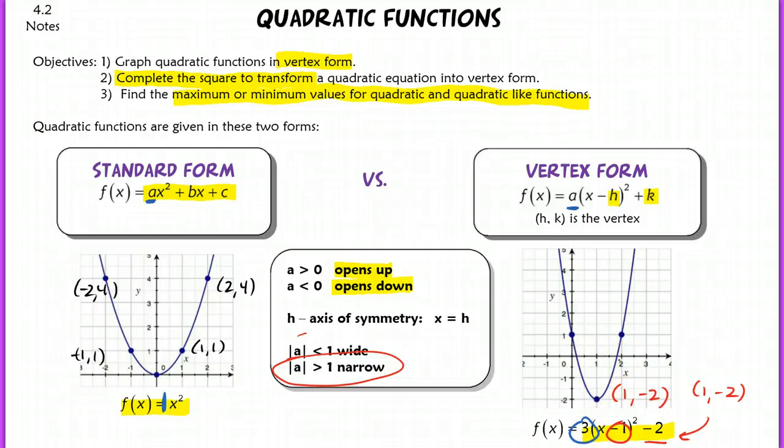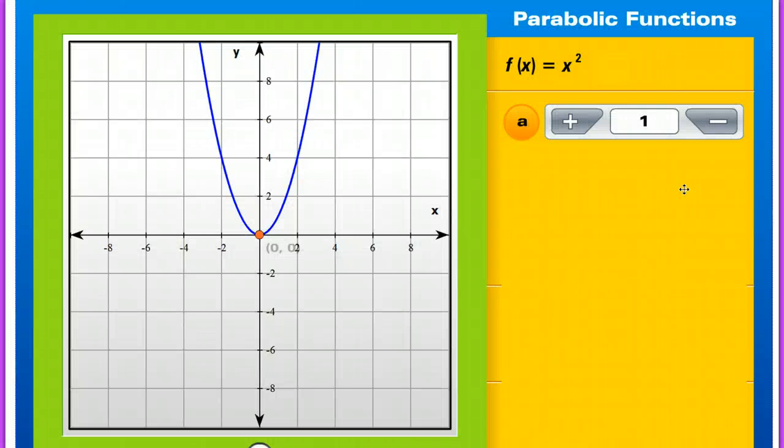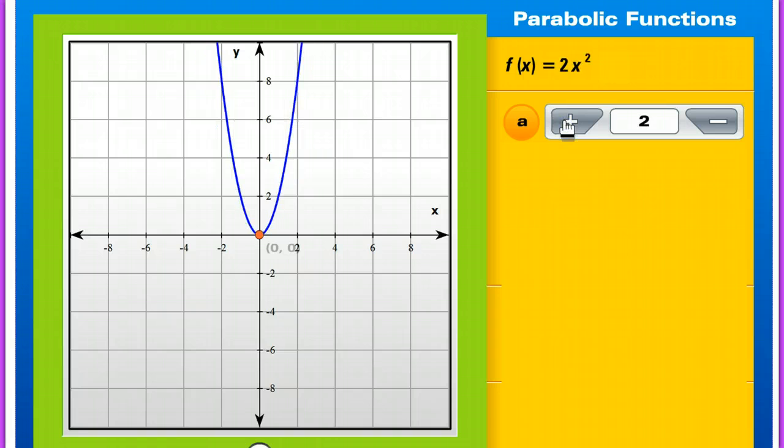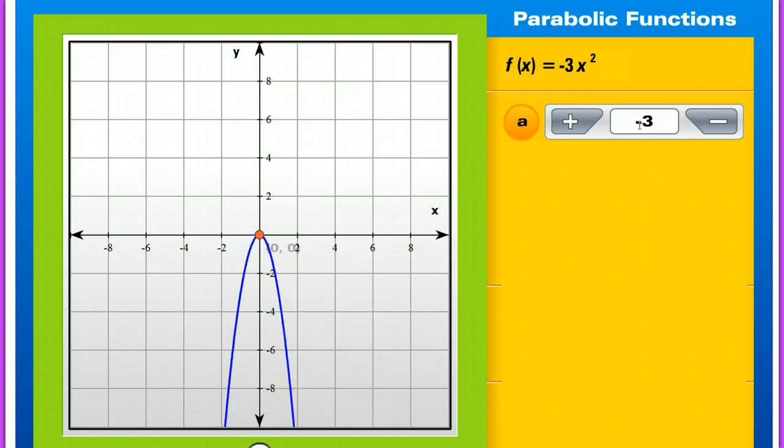I want to show you a function that's going to be stretched or shrunk. Here I have the mother function y equals x squared. Let's say I increase the a value. What you're going to see is your graph becomes a little bit narrower. If I keep continuing to increase that, I'm seeing it become narrower. If I make that negative, then it reflects over the x-axis.